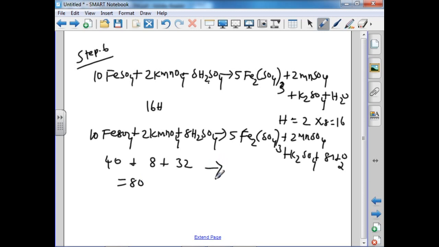Then product side, 4 into 3, 12, multiplied by 5, plus 4 into 2, 8, 4 plus 8: 60 plus 8 plus 4 plus 8 equal to 80. So the oxygen is also balanced. So finally all the elements are balanced. This is the balanced chemical reaction.